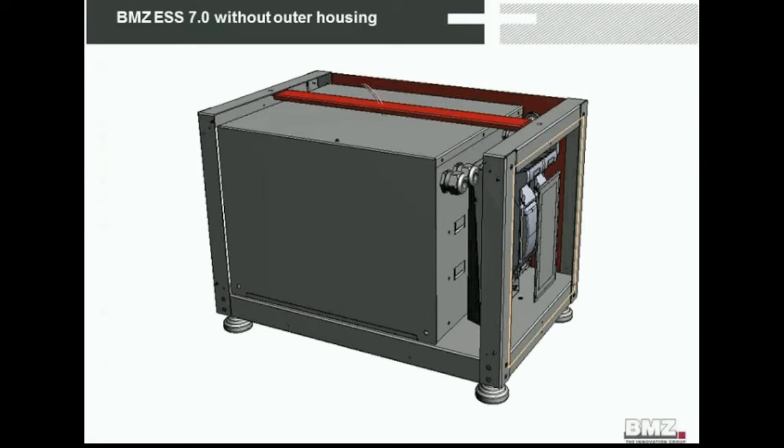It is very robust. This outer housing, you can stack 3 of those batteries on top of each other, which is very good because it saves space. Here you see the NH1 breaker, the fuses for external.